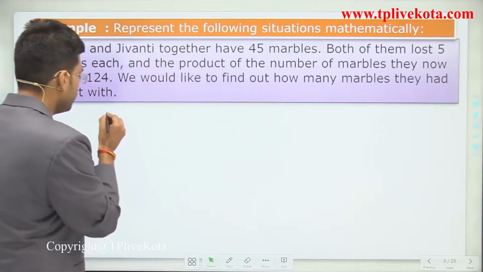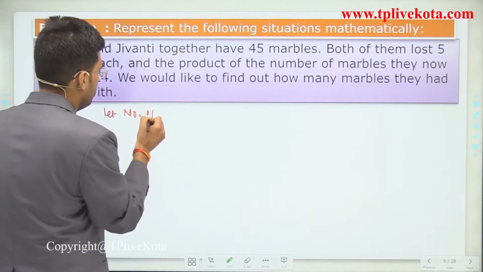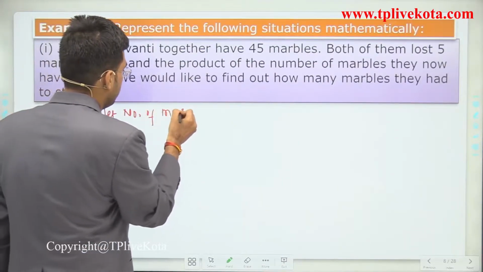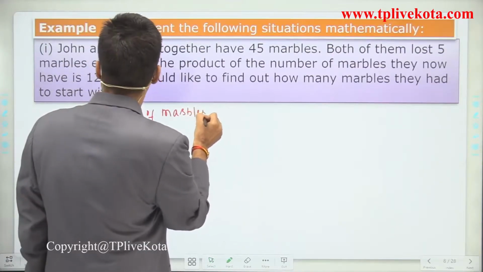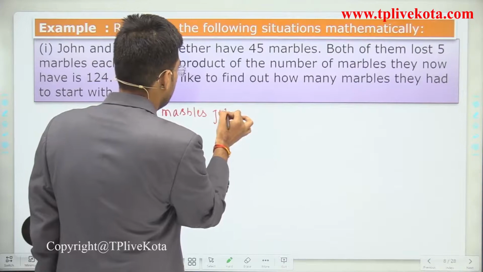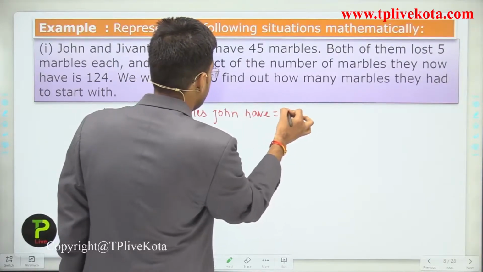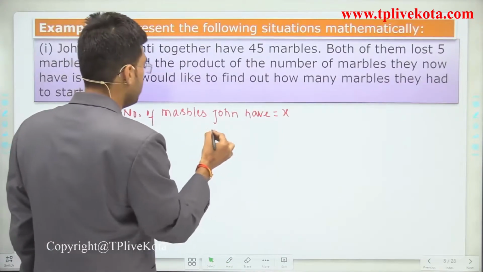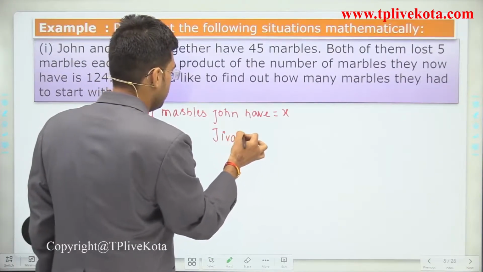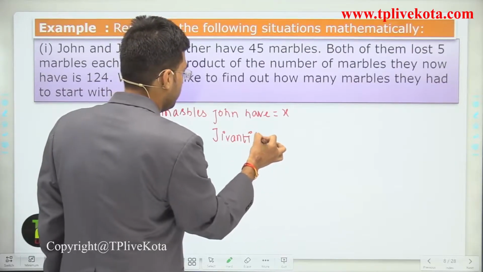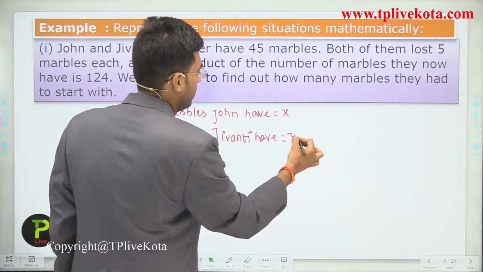So let the number of marbles John have be x, and the number of marbles Jayanti have be y.